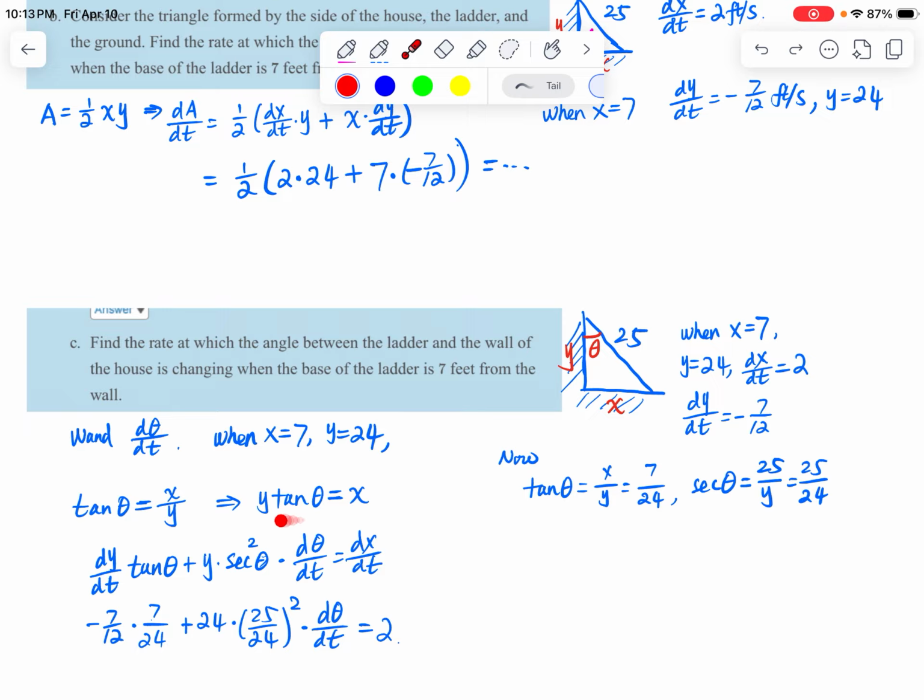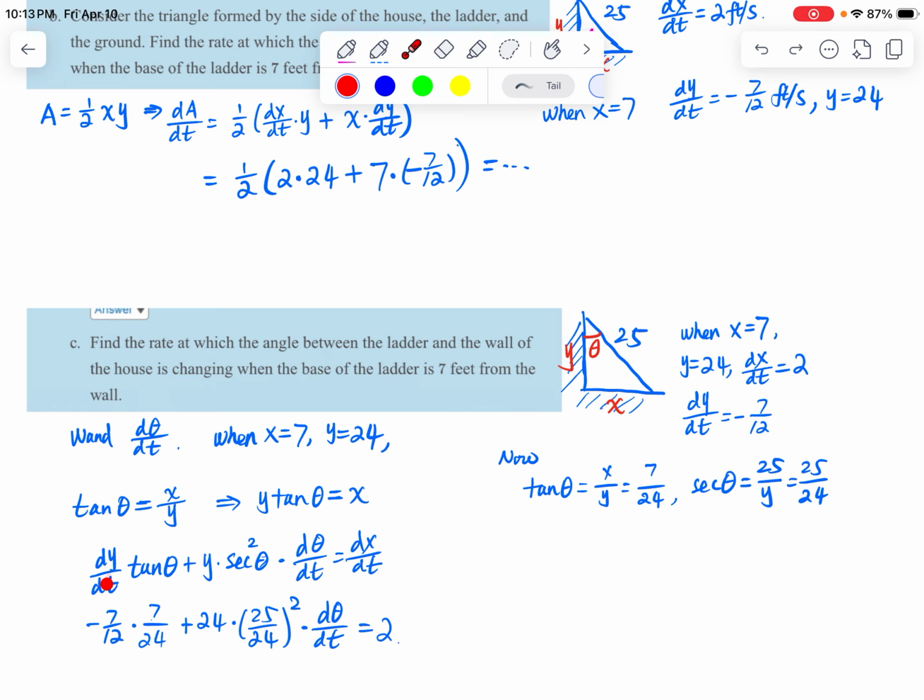Now I differentiate both sides with respect to t. The product rule gives dy/dt times tan θ plus y times the derivative of tan θ. Since θ is a function of t, we have to use the chain rule: the derivative of the outer function is secant squared θ times dθ/dt. The right-hand side will be dx/dt.